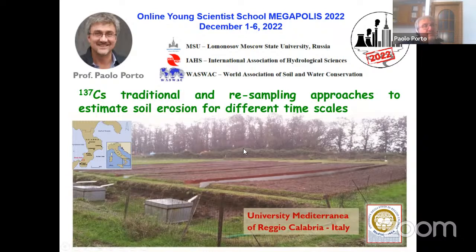You can see here in this picture the field area where this technique was applied. I don't know if you are familiar with soil erosion measurements, but these are 5 experimental plots, the same size as those used by Wischmeier and Smith in their long-term studies on soil erosion.